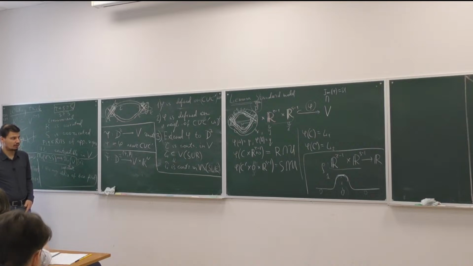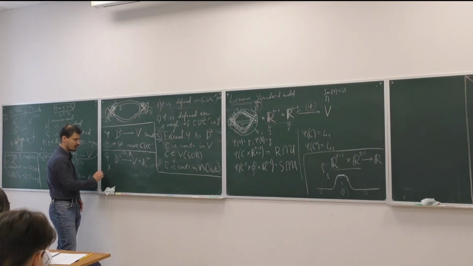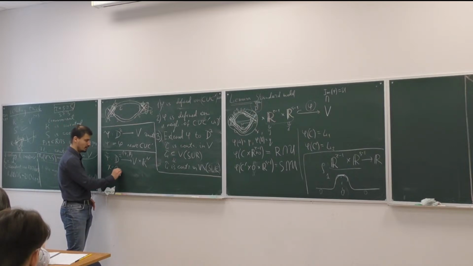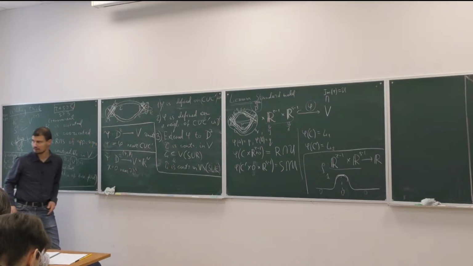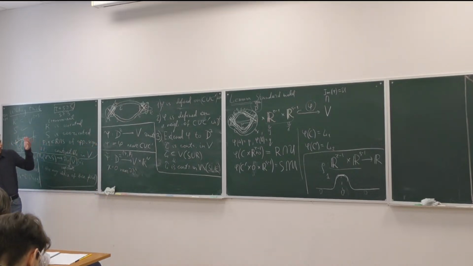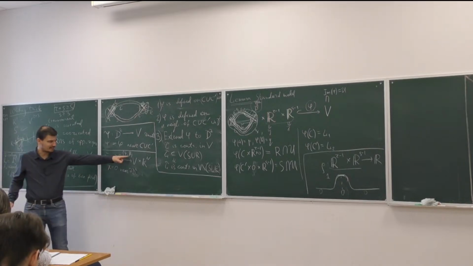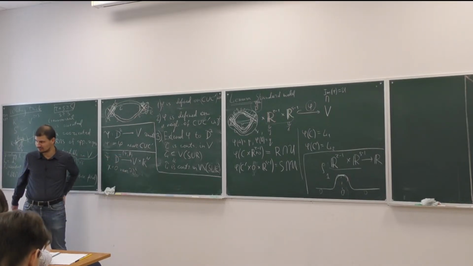Moreover, I can achieve that chi is 0 near the boundary of a disk. Near the boundary, I already have an embedding, so I do not need to change anything.